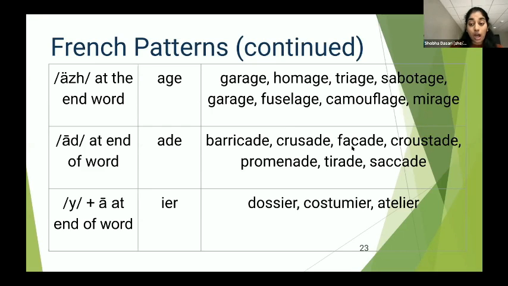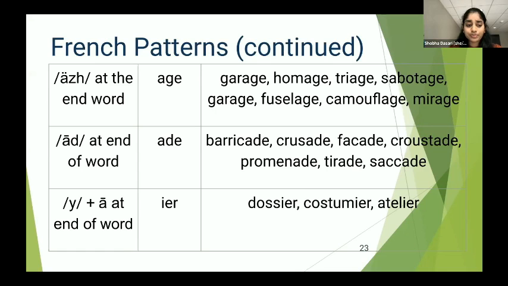This one would be facade, so that's a slightly different pronunciation where the odd sound is spelled ade. Crustade is very similar. Promenade, another example of that. Tirade is slightly different. That's pronounced aid. And then saccade is ade. So all of them are spelled ade, but it can be pronounced aid or odd depending on the word.